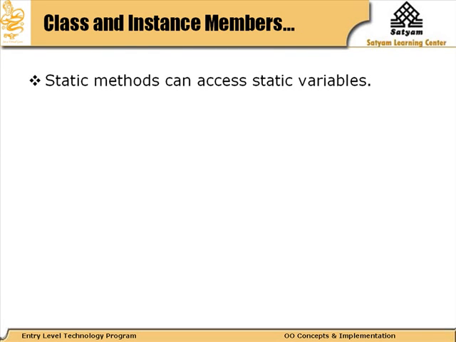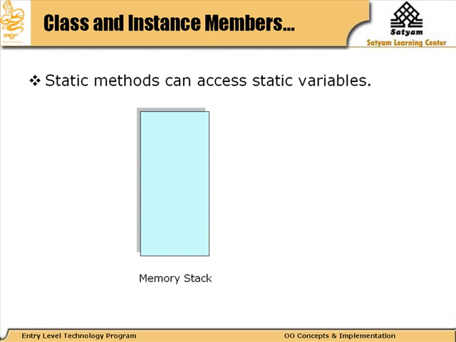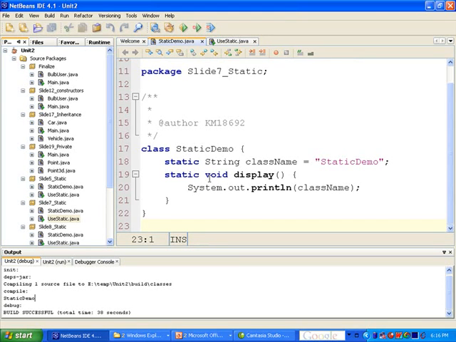Static methods of a given class can directly access the static variables of the same class. Now let's look at an example on this. In this example, we have two static members, static String className and static void display.